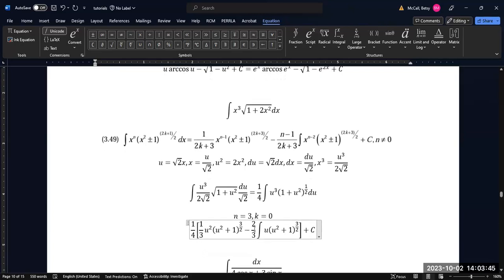Now, I still have an integral left here that I need to finish, but I don't need to apply this rule anymore. I need to apply a different rule, one that's probably already in the table but just has a 1 power. So let's go back to the table.